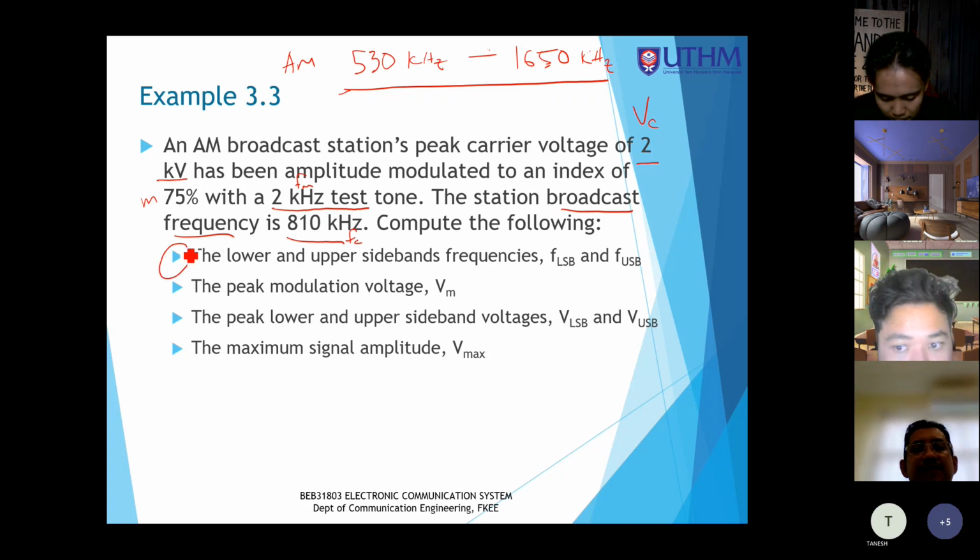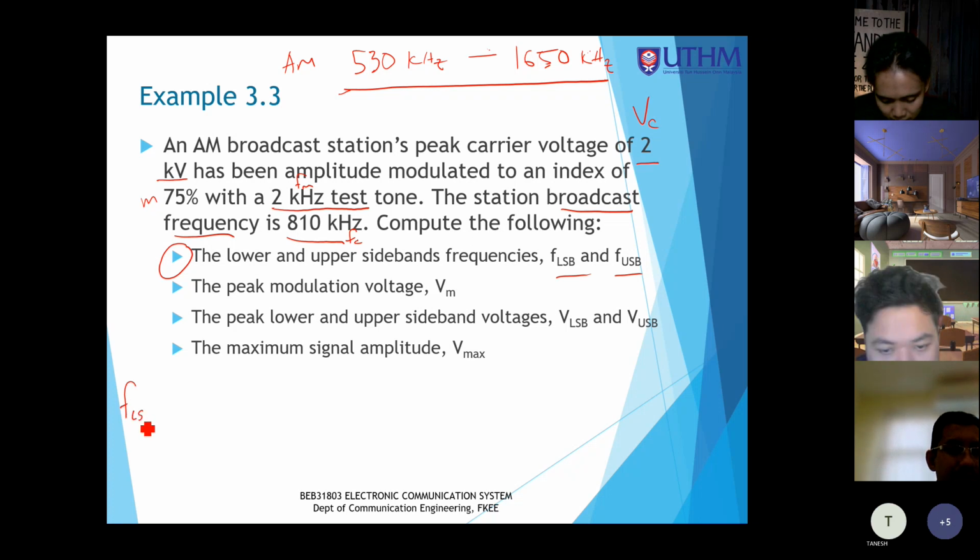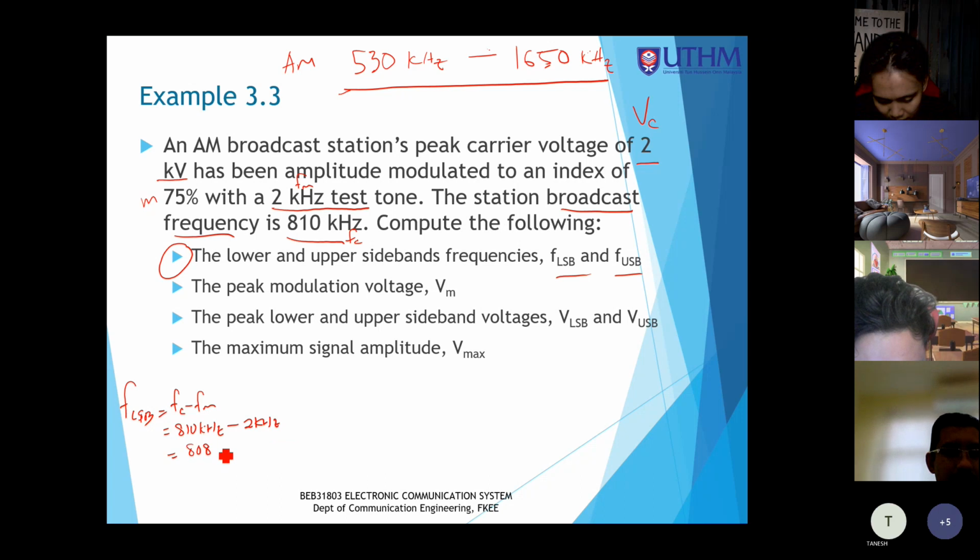Okay, so the first question, find the lower and upper sideband, FLSB and FUSB. So ini mudah je sebenarnya. Okay, so you ada FM, you ada FC. So FLSB sama dengan FC minus FM. So ini sama dengan berapa? 810 kHz minus 2 kHz. Okay, so you akan dapat 808 kHz.